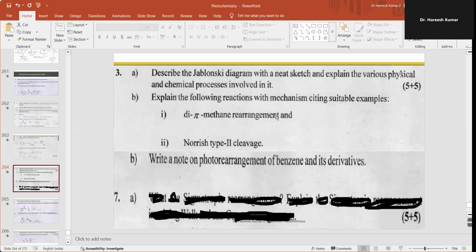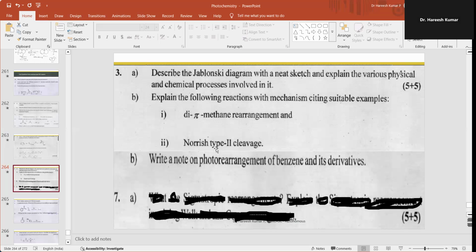Di-pi-methane rearrangement. The di-pi-methane rearrangement is nothing but a derivative of methane, where two double bonds are attached to the methane. That one undergoes di-pi-methane rearrangement, forming a vinylcyclopropane product. Norrish type 2 cleavage means carbonyl compounds having gamma hydrogen undergo cleavage, forming a product.